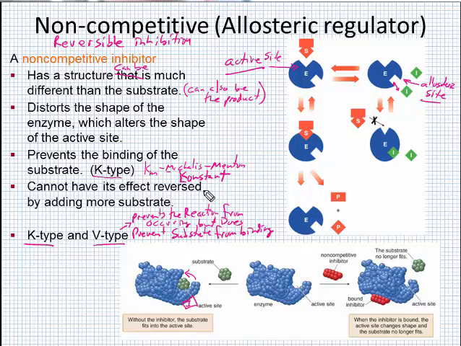The K-type, that's what I mentioned up here, prevents the substrate from binding. Prevents binding of the substrate.